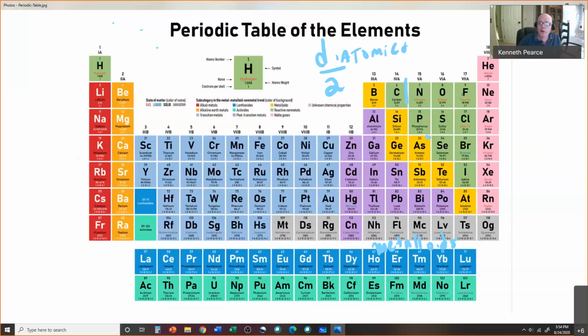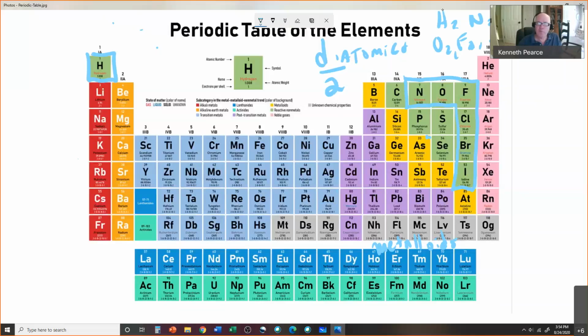These are your diatomics. There you go. It's these guys. It's like a flagpole right there. And hydrogen. So these guys appear as like H2, N2, O2, F2, and so forth.